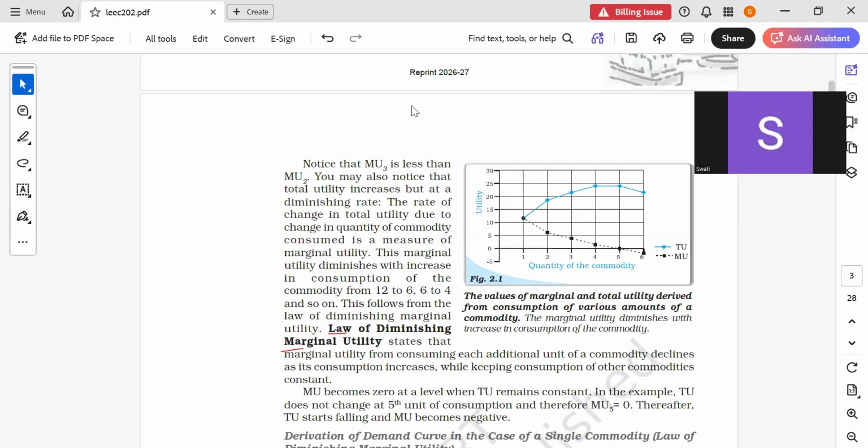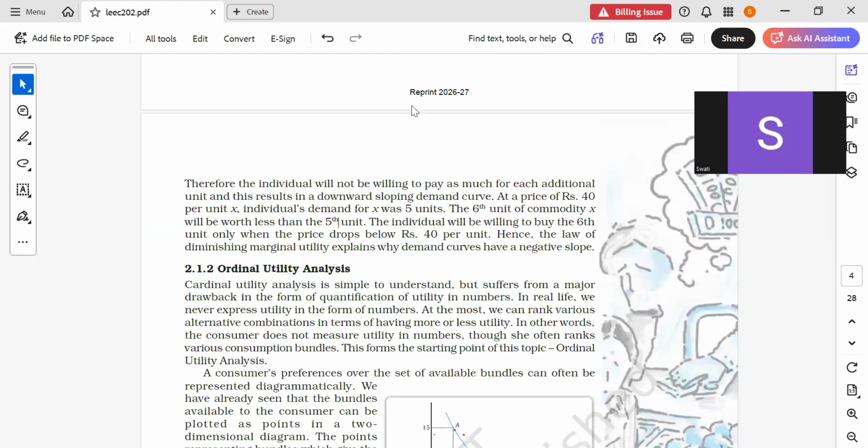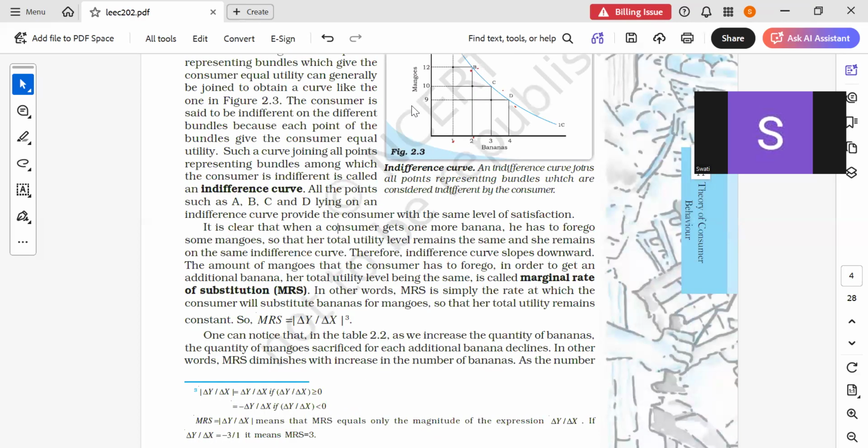Right. Then we also saw the ordinal utility analysis, which is more realistic in nature as compared to the cardinal utility analysis, because it talks about whether the consumer can rank various consumption bundles. It doesn't measure utility in numbers, rather it can rank consumption bundles, and that is the basis of the ordinal utility analysis. Based on this, we draw an indifference curve.